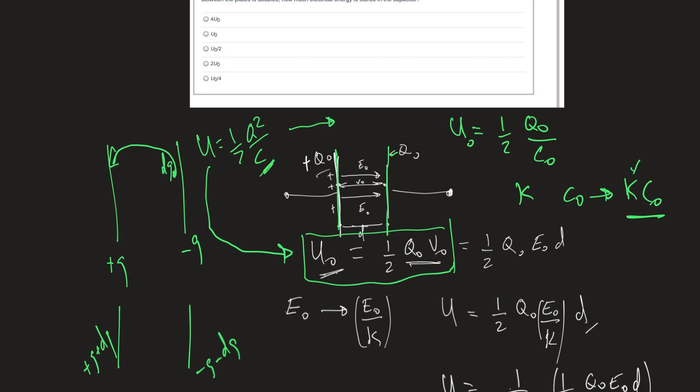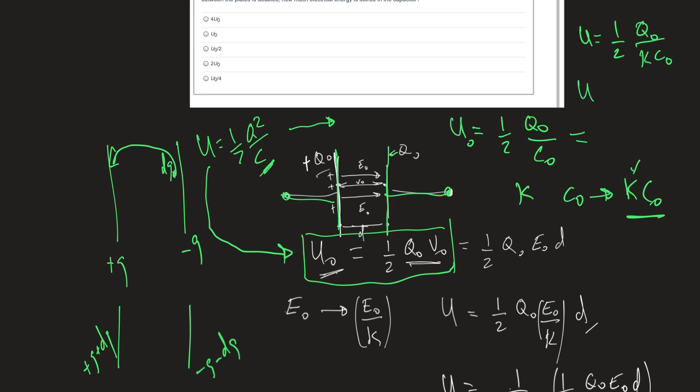So what happens with the energy? The final energy U will be 1/2 Q0 squared. Q0 will not change because it is the charge on the plates. It will not escape because there is an insulator that prevents the charge from escaping. This is divided by the new capacitance, which is K times the old capacitance.